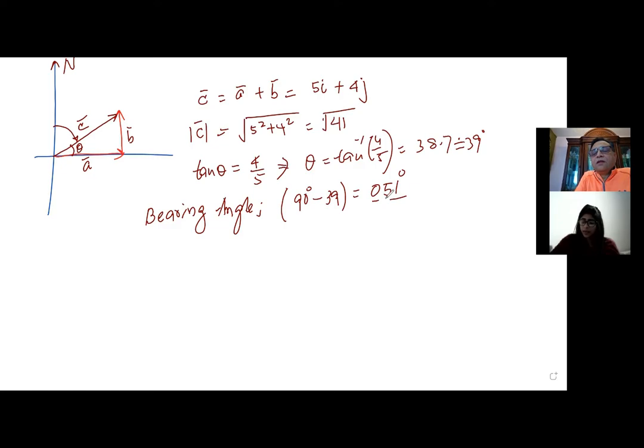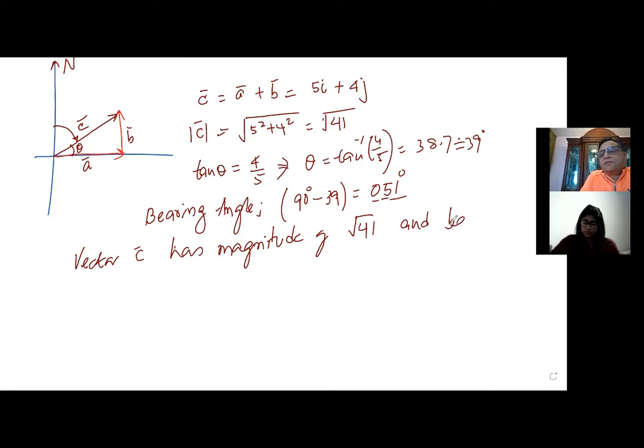So we know it's at a bearing of. We say vector C has magnitude of square root 41 and bearing of 051 degrees.